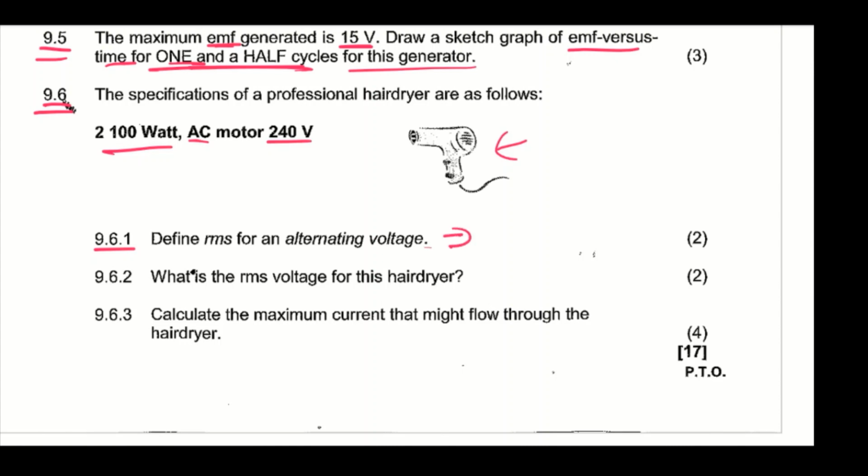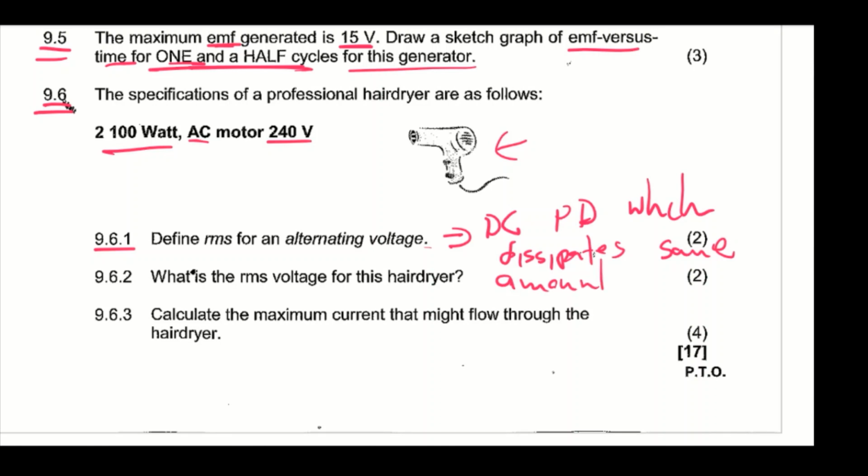It is the DC potential difference which dissipates the same amount of energy as AC. So that is the definition of RMS for an alternating voltage.